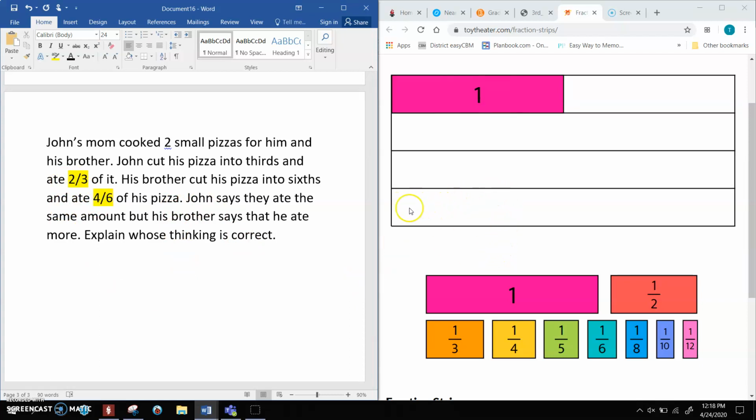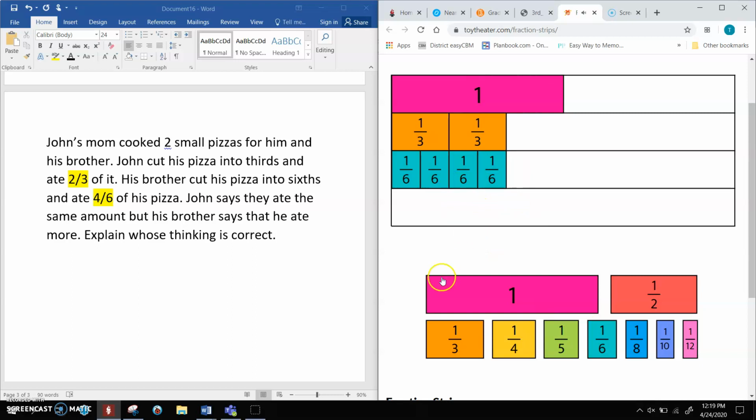So John, he cut his into thirds and ate 2/3 of it. So I'm going to get my thirds. And also I have 1 up here just to show this would be what it would be if they ate the entire pizza. So the 1 represents that 1 whole. So there's 2/3. Now I'm going to also make 4/6. 1, 2, 3, 4. When I'm doing that, I can see they line up perfectly.